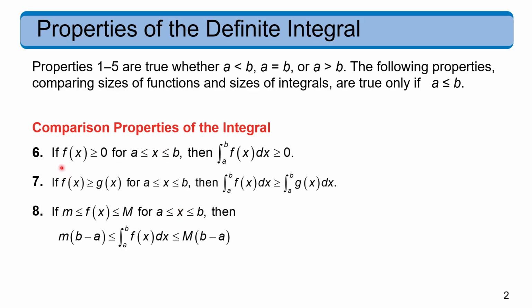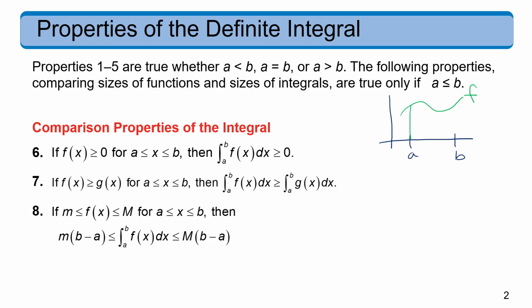So property 6 says that if f of x is 0 or bigger for all x in a given interval, then the integral of f over that same interval would also be 0 or bigger. So this is easy to understand graphically. I'm going to make a sketch here. Here's my x interval. And then we've got a graph of some function that's always positive. So notice the function I sketch is all positive y values, no negative values.